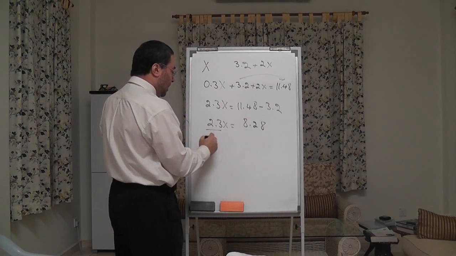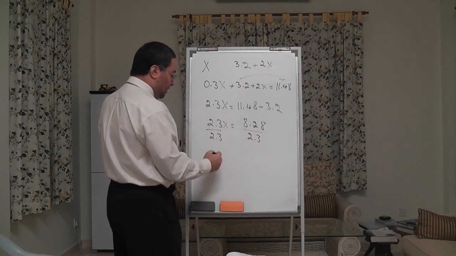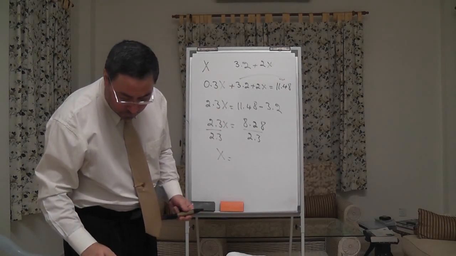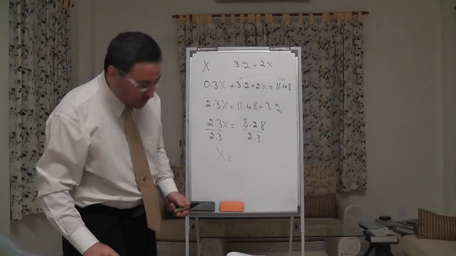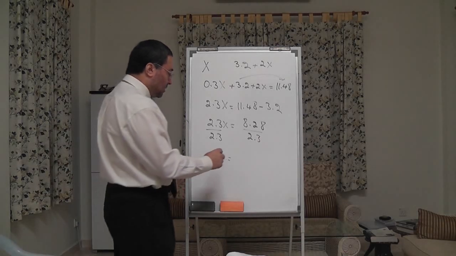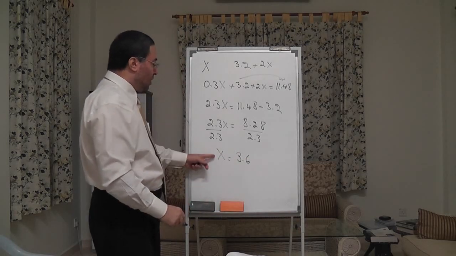We divide both sides by 2.3 to get the value of x, and x equals 3.6. This is one of the numbers.